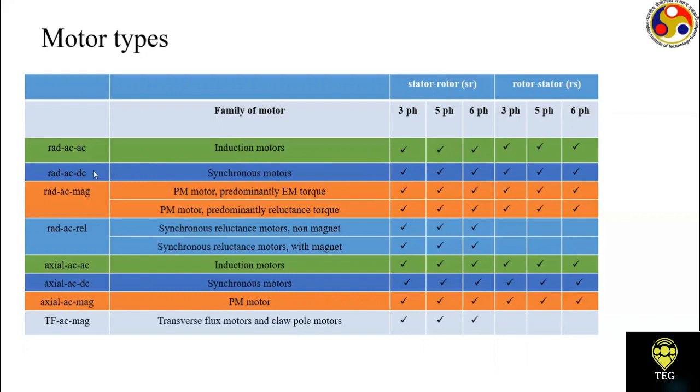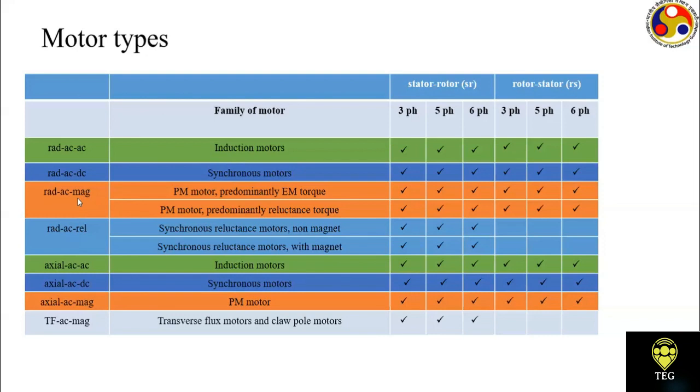Now, if you have a category of machines where the magnetic field direction is radial, the stator gets an AC excitation and the rotor gets a DC excitation, this family of motors is known as synchronous motors or synchronous machines. You can have an inner rotor configuration. You can also have an outer rotor configuration. And you can have 3, 5, and 6 phase machines.